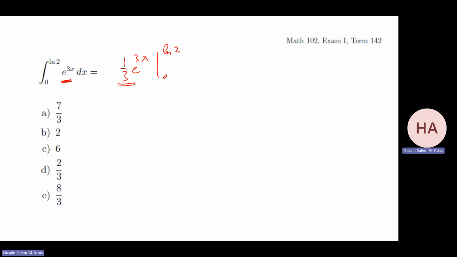Actually, it needs substitution. It will make it easier, but we can also do it this way. So that gives me 1 over 3 e to the 3 times 2, minus 1 over 3 e to the 0, which is 1. This goes as a power. I have e to the 6 over 3 minus 1 over 3, which is e to the 6 minus 1 over 3. So this is my answer.